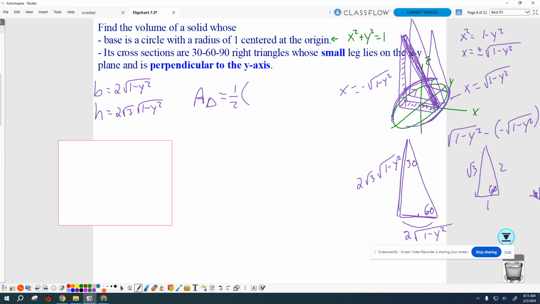It sounded like you were doing a couple of steps together. So half base times height, these two multiplied together, I get 4 root 3, and square root times square root, isn't that just the stuff inside? Did I forget a half this time? So I think that's your area formula.